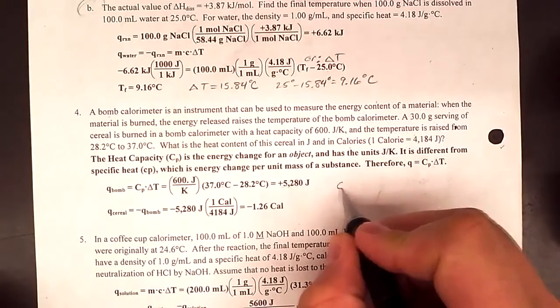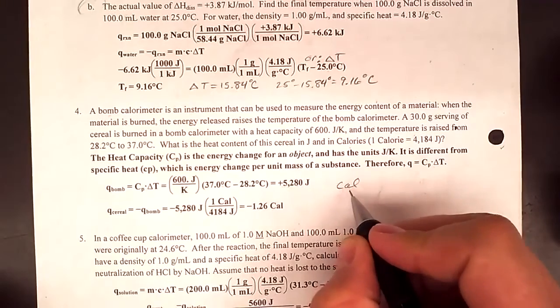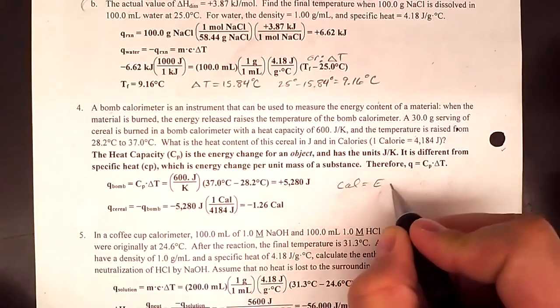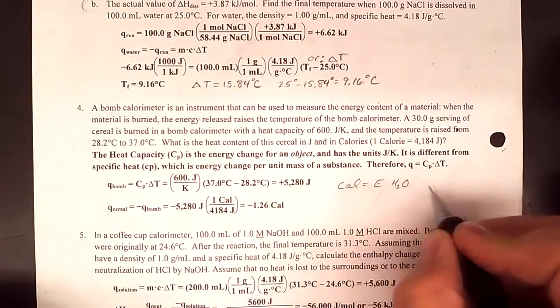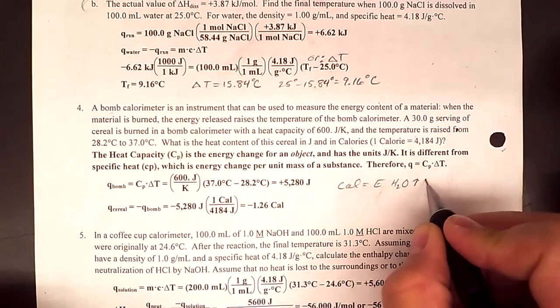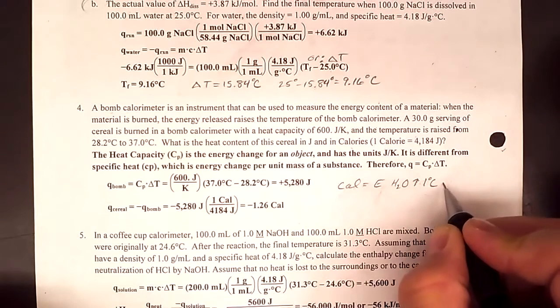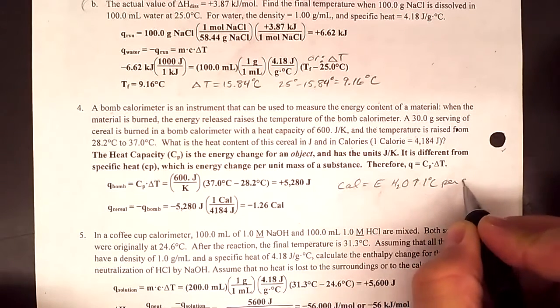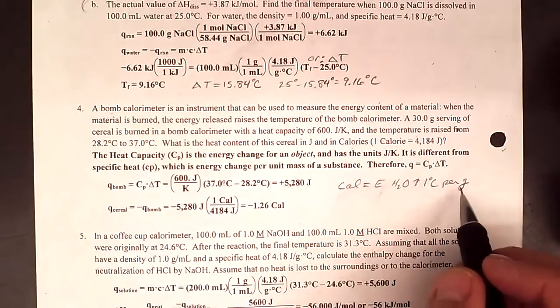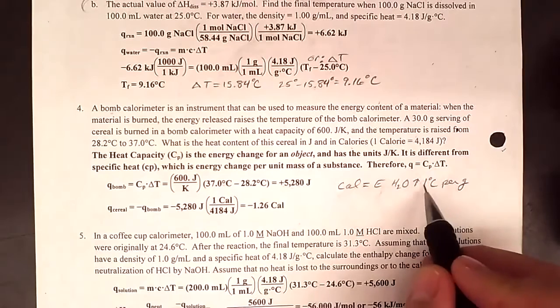So small c calorie, and that is very important, small c, is the energy for water to go up 1 degree C per gram. And that's its definition. You know how much energy it would take to push 1 gram of water up 1 degree Celsius?